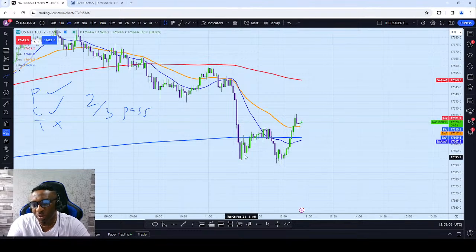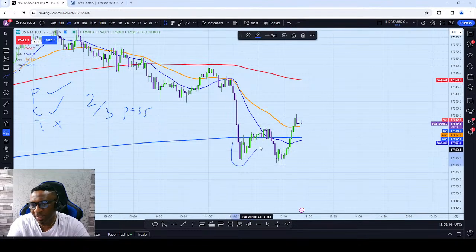The reason why I'm saying this is when this happens, I normally wait for a second push down, forming a W, as we can see here.